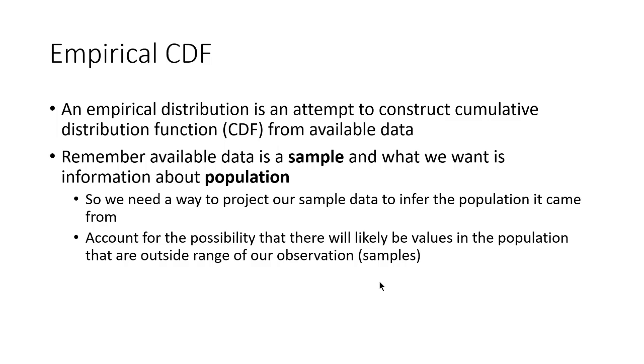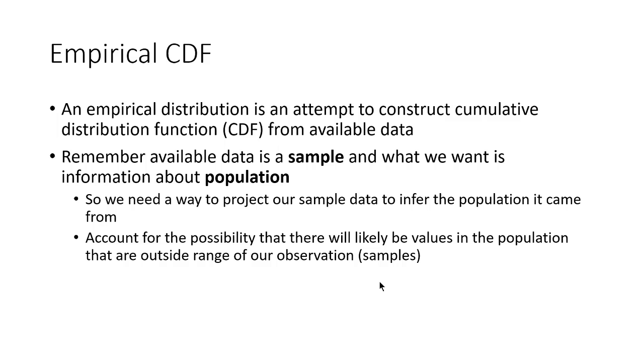So two things to remember: we need a way to project our sample data to scale up to the larger population, or to infer something about the population from which this data came, and also account for the possibility that there will be values in the population that are outside the range of our observation.